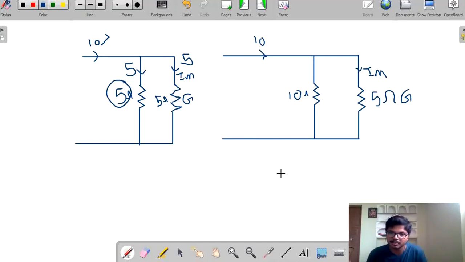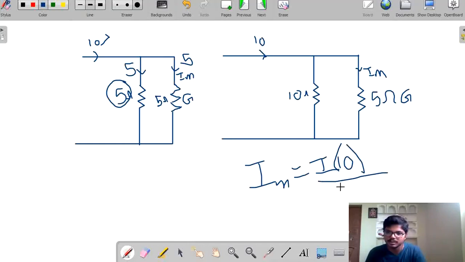How is the current IM calculated? IM equals I into the opposite resistance, 10 amperes into 10, by the sum of the resistances, 15. Now 10 into 10 is 100 by 15. It will come to about 6.8.